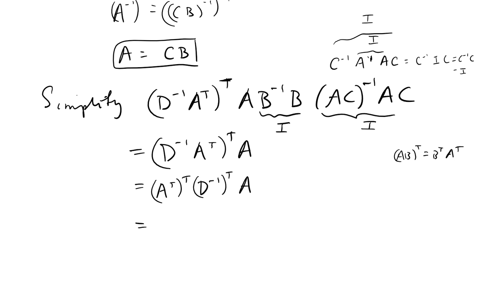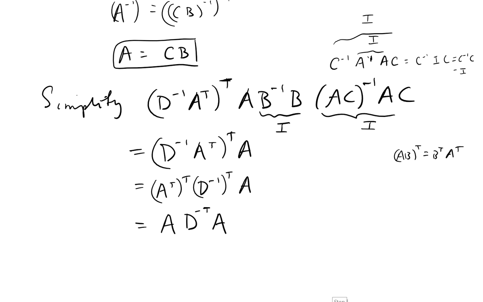And you've got A transpose transpose, that's just A. If you transpose the transpose, you get back the original matrix. Now this is just D. Well, it stays the way it is, but usually we're going to write it conveniently like this, D to the minus T times A. And I believe there's nothing more that I can do here to simplify the expression.